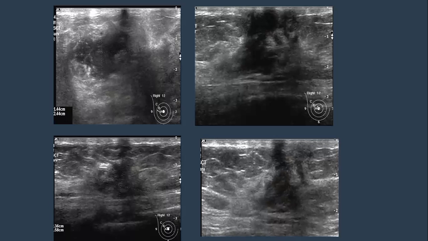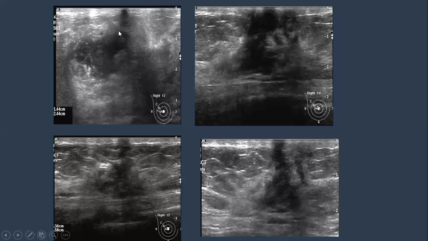The ultrasound shows a mass with irregular margins with posterior shadowing, a complex mass. Posterior shadowing or enhancement? Posterior enhancement. Heterogeneous.